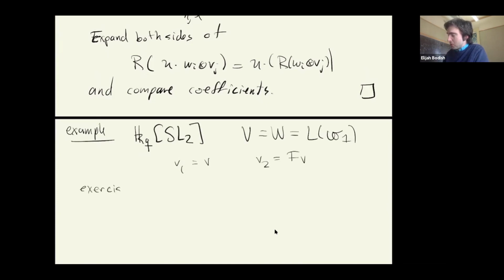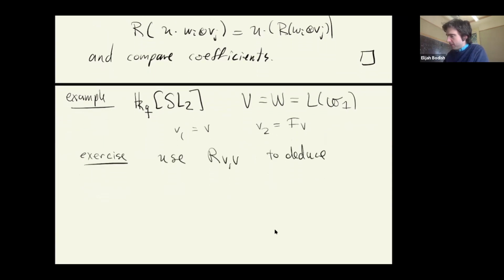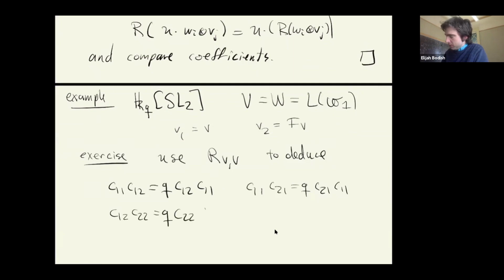And then the exercise or example, because nobody wants to watch me do this, is that you use R_VV to deduce the following relations. So I have C11 C12 is q C12 C11. I have C11 C21 is q C21 C11. I have C12 C22 is q C22 C12.